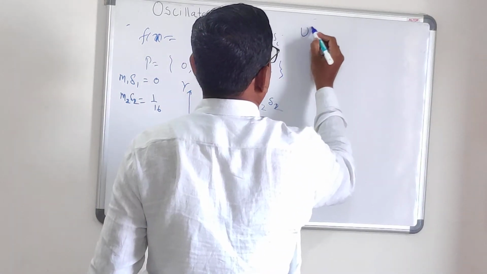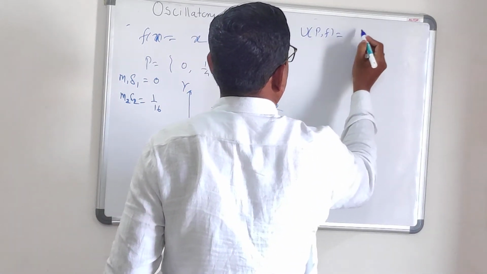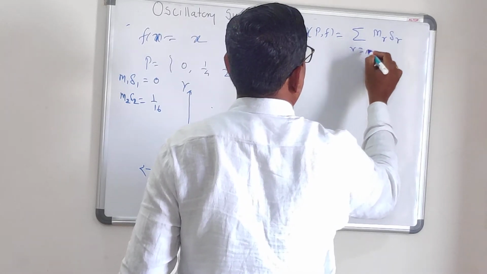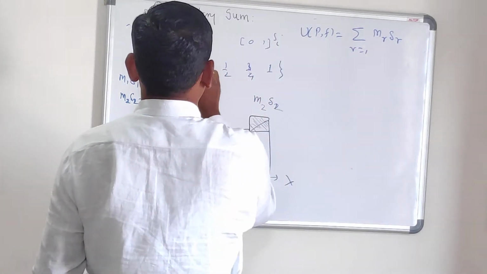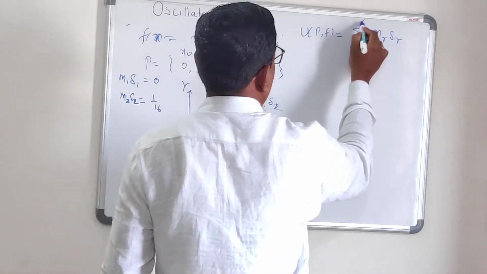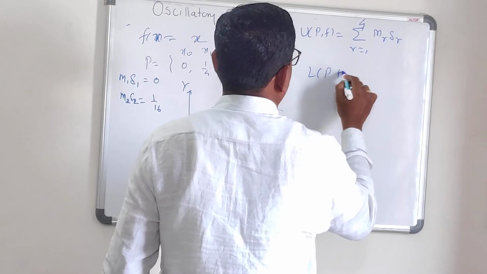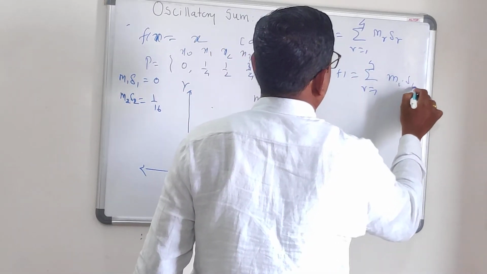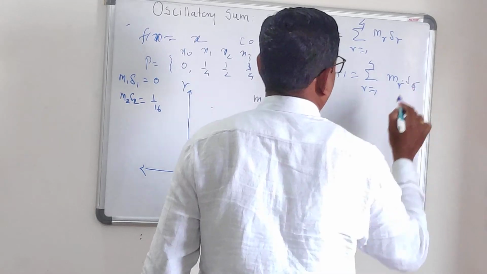So U(P,f) for this will be the summation Mr delta r from 1 to how many points I have taken? x0, x1, x2, x3, x4. 4 intervals I have taken, and L(P,f) is the summation r from 1 to 4 of small mr delta r.